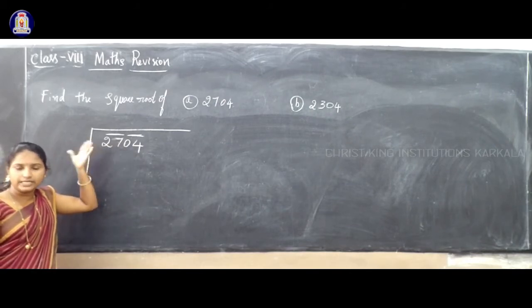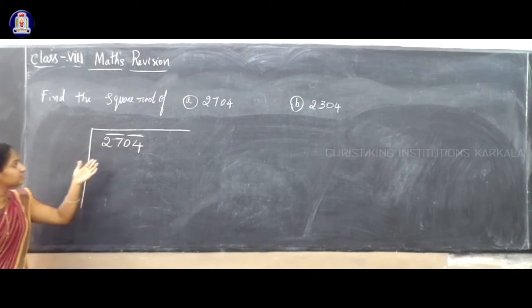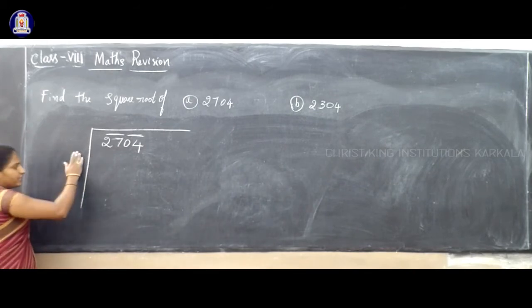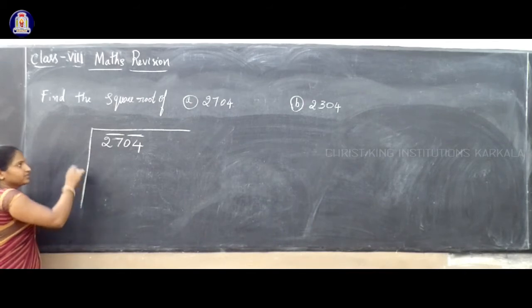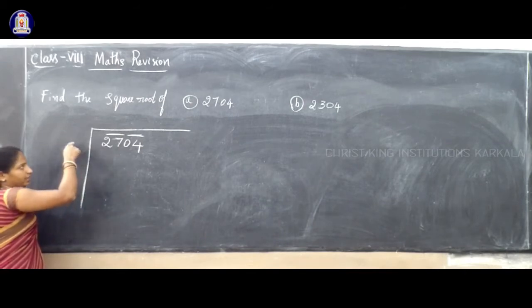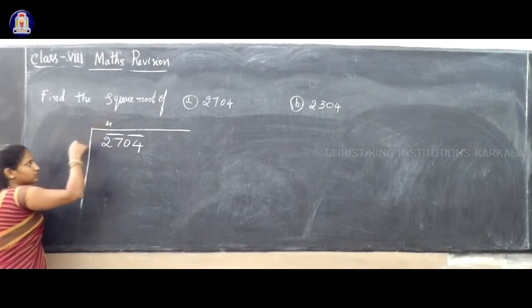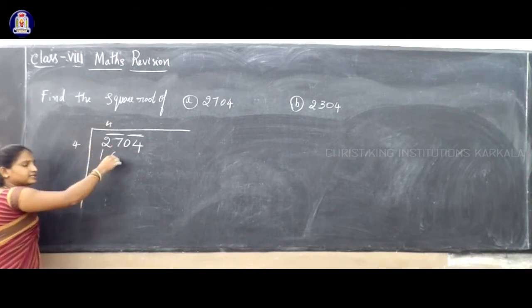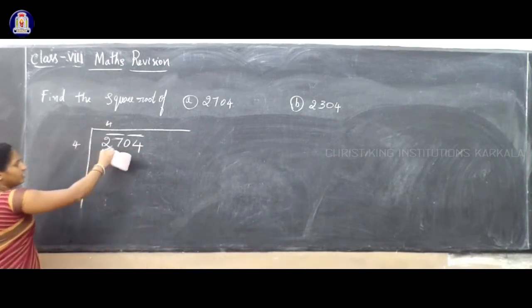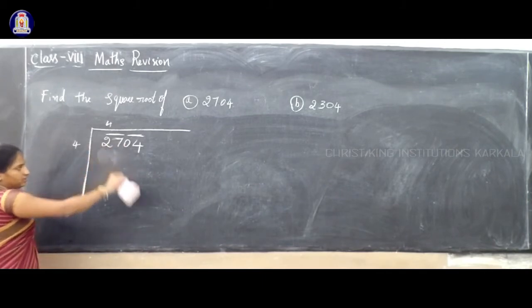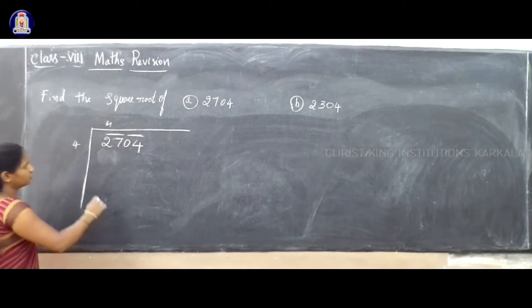Okay. Now next step, you must get a perfect square number. For example, if I multiply 4 into 4, 4 4s are 16. 16 is a perfect square, isn't it? But we cannot write 16 because 16 is not near to 27.